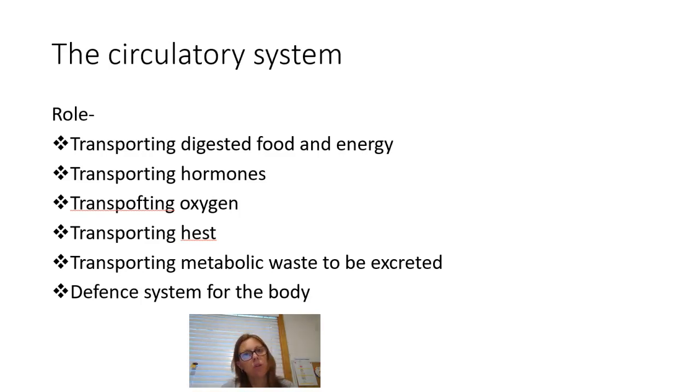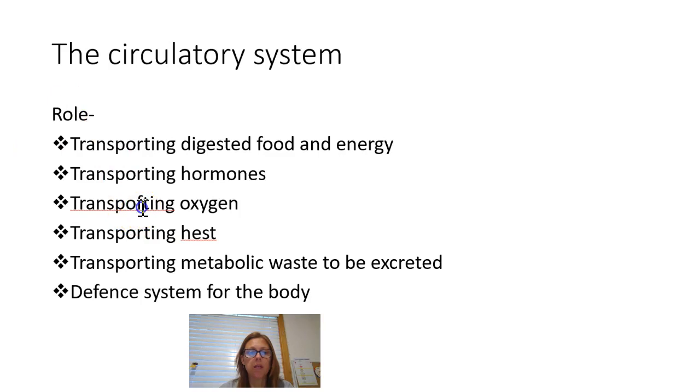So what is the role of the circulatory system? Again, you've covered this in Year 8 and may have an understanding of it anyway, but we're going to cover it again and recap. So our circulatory system is going to transport the digested food and energy throughout the body. It also transports hormones.